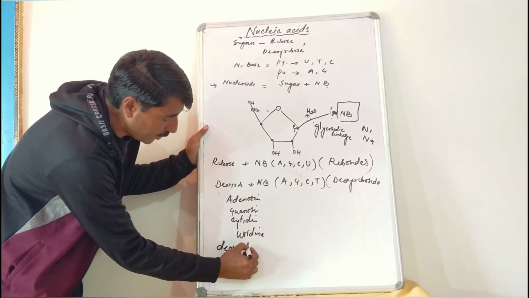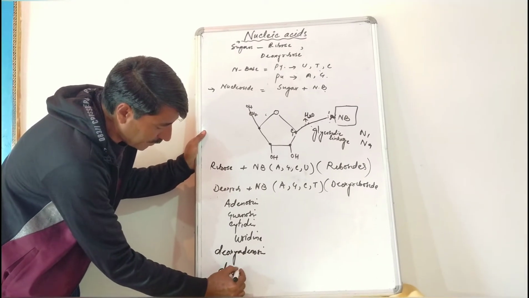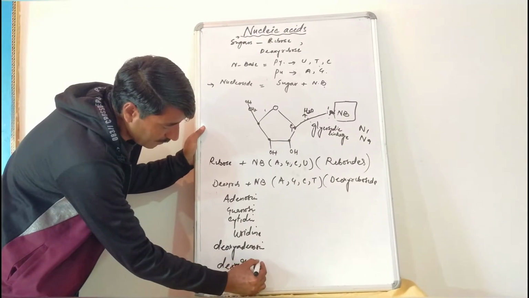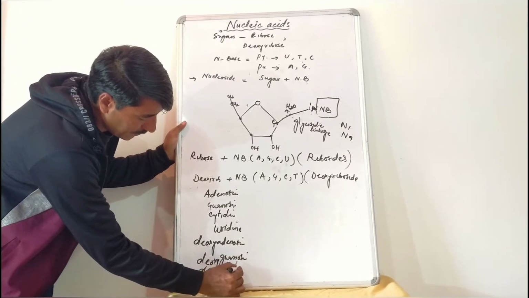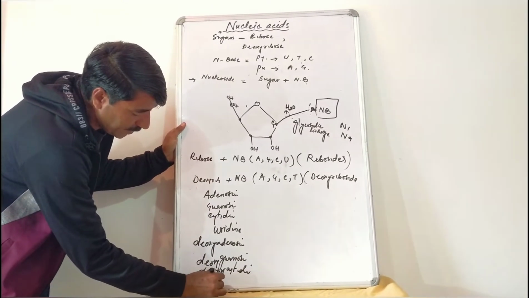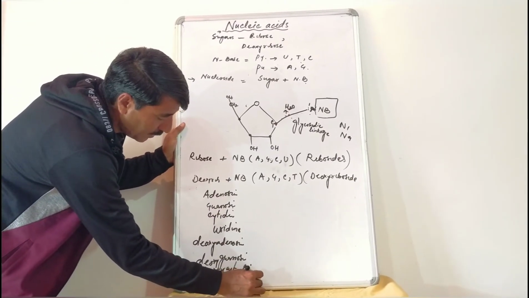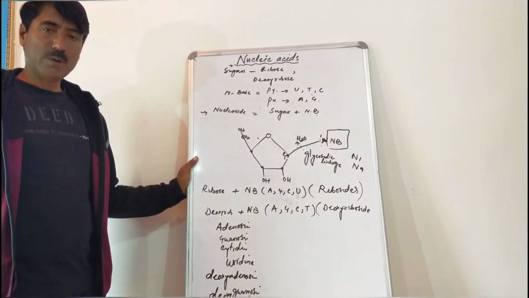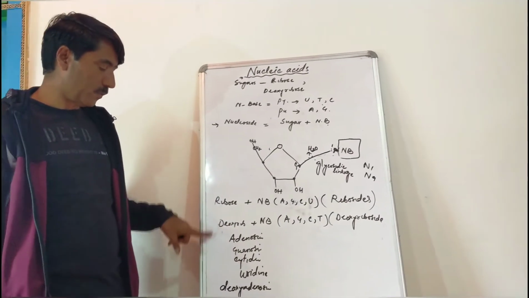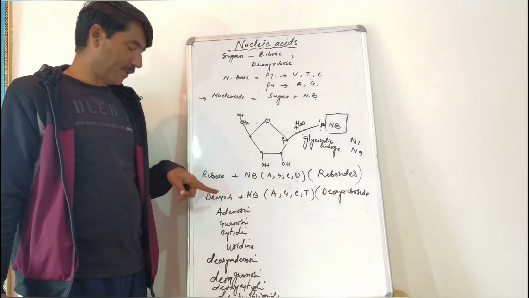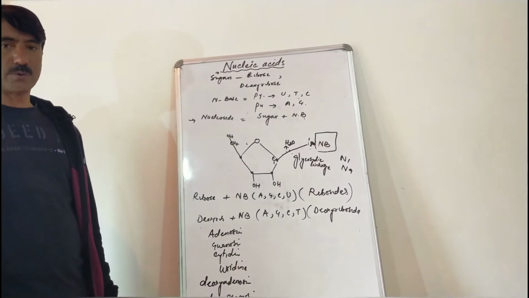This could be deoxyadenosine और दूसरा होगा deoxyguanosine. इसी तरीके से deoxycytidine, but here it would be deoxythymidine, not uridine, because uridine जो होगा वो आरएनए में होगा और यहाँ पर डिऑक्सीथिमिडीन है. तो इस तरीके से यहाँ पर अगर हम ओवरऑल देखेंगे 8 types of these nucleosides are formed, 4 ribosides and 4 deoxyribosides.